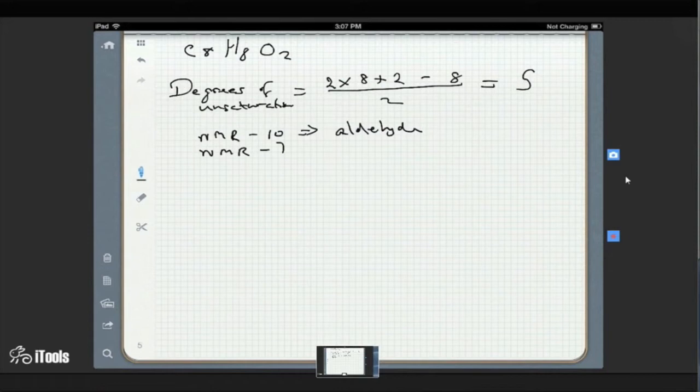So that's the H from the aldehyde. And then the one on the benzene ring, the carbon attached to the benzene ring.